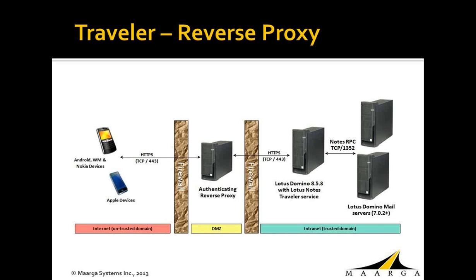This way you have one more layer of security added to the entire infrastructure. This reverse proxy can be anything from a commercial load balancer or reverse proxy appliance to open source products like Nginx. We have deployed Nginx as a reverse proxy for Traveler at many of our customers, and most of them are using it without any issues so far.